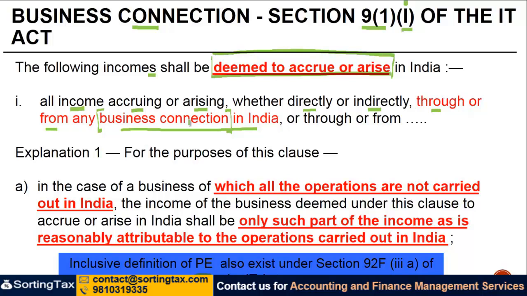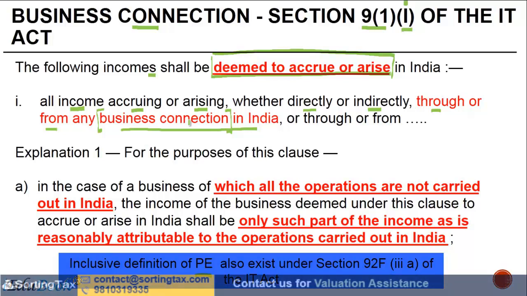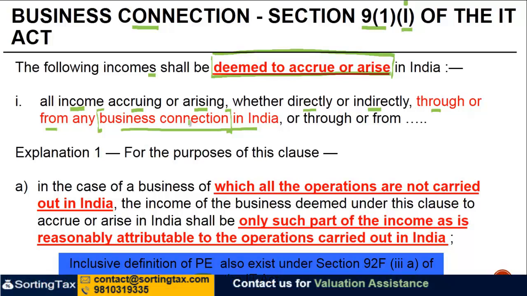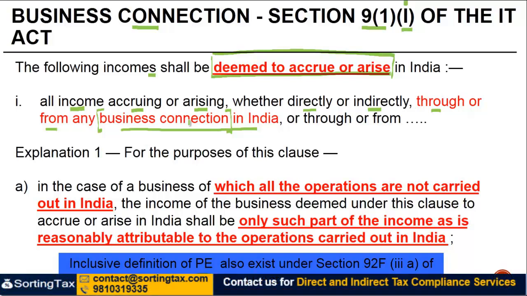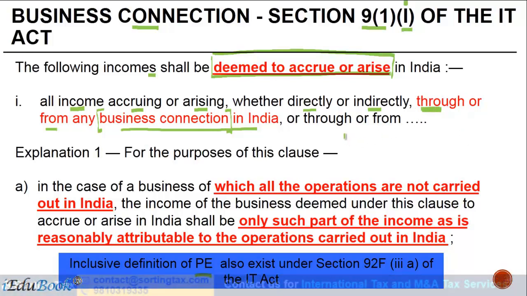So if there is an agent in India who helps in the delivery of goods which a non-resident sells, helps identify customers, and helps conclude contracts, and the production activities are carried out by the non-resident outside India, the two activities interact with each other to result in profit from manufacturing activities for the non-resident. So this agent will be treated as a business connection of the non-resident in India, and all income accruing or arising through this business connection will be taxable in India.